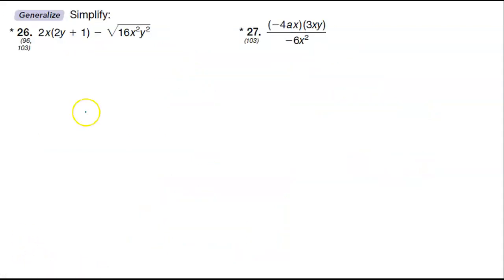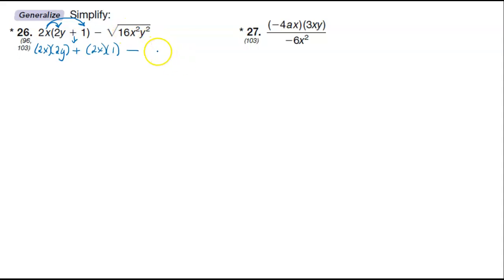Okay, hold on. All right, let's go ahead and distribute this. So 2x times 2y, and then we're going to distribute it here, so we have plus 2x times 1 minus, and then we have the square root here.